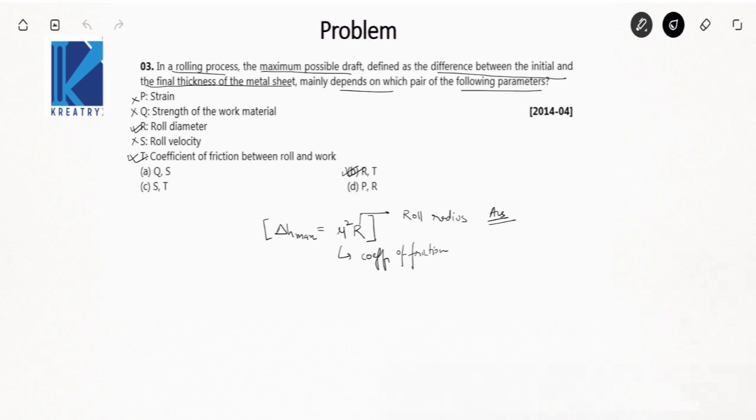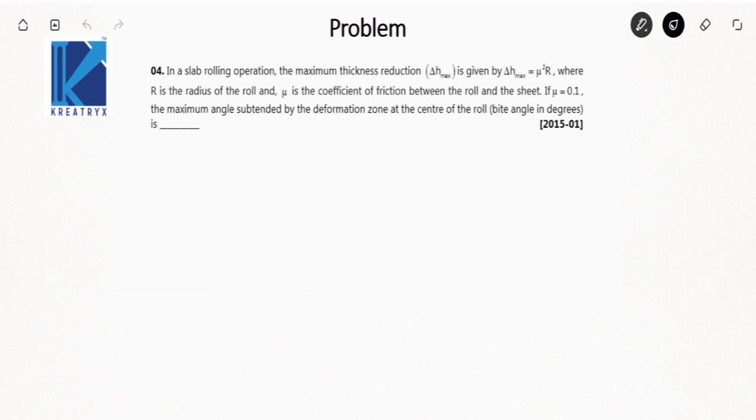Now moving to the next question. Again this is a question from rolling operation, and in this question they have already mentioned that the maximum thickness reduction is given by delta h max equals mu square r, where r is the radius of the roll, and mu is the coefficient of friction between the roll and the sheet.